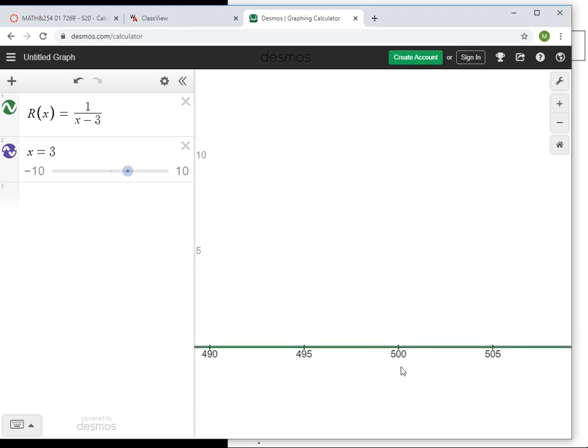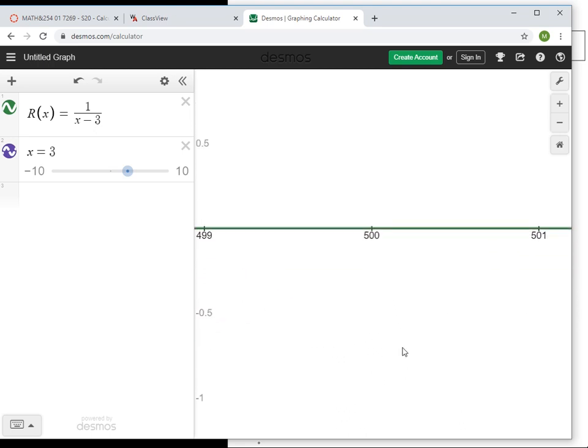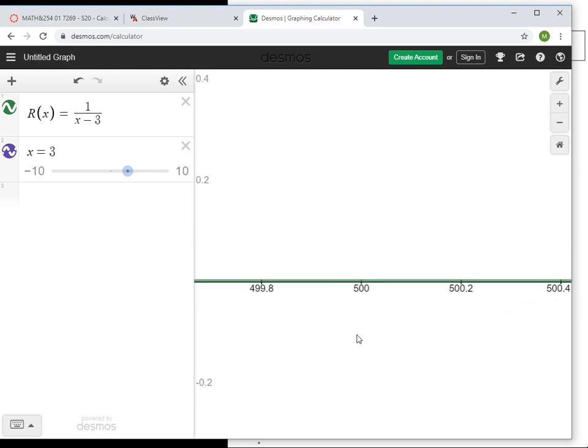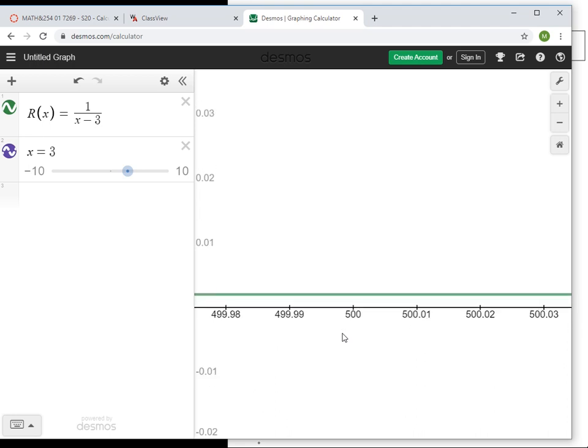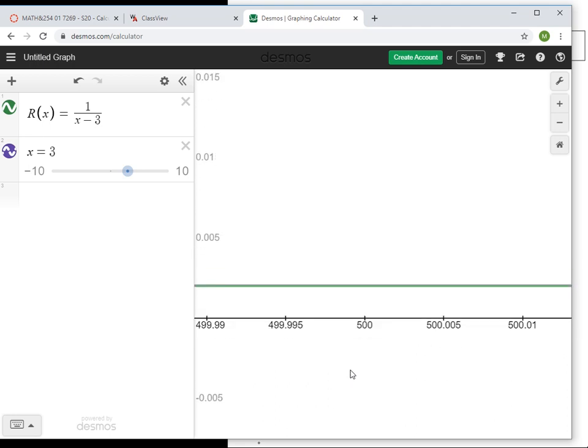Where is my y value now? Well, I'm zooming, zooming, zooming. Am I at 0? Am I going to hit the x-axis? Well, no. If I zoom in far enough, when x is, say, 500, my y value is really small, about 0.02012. Yeah, it's small, but it's not 0.